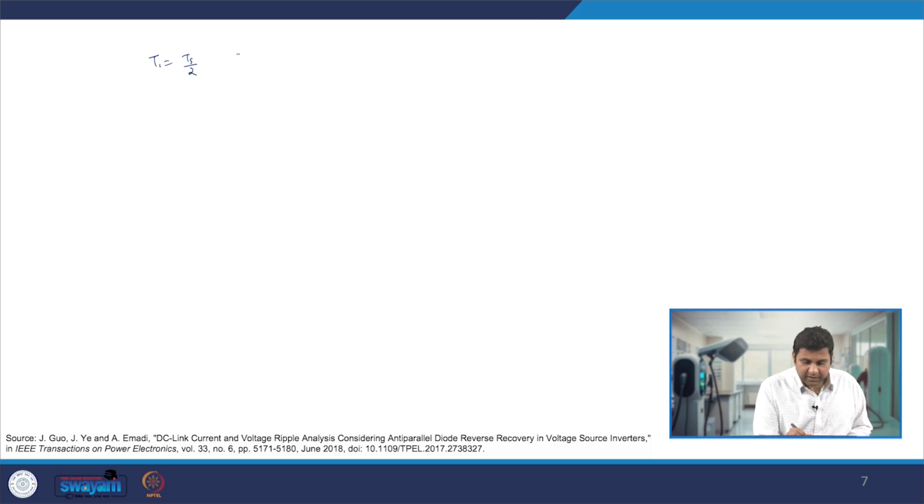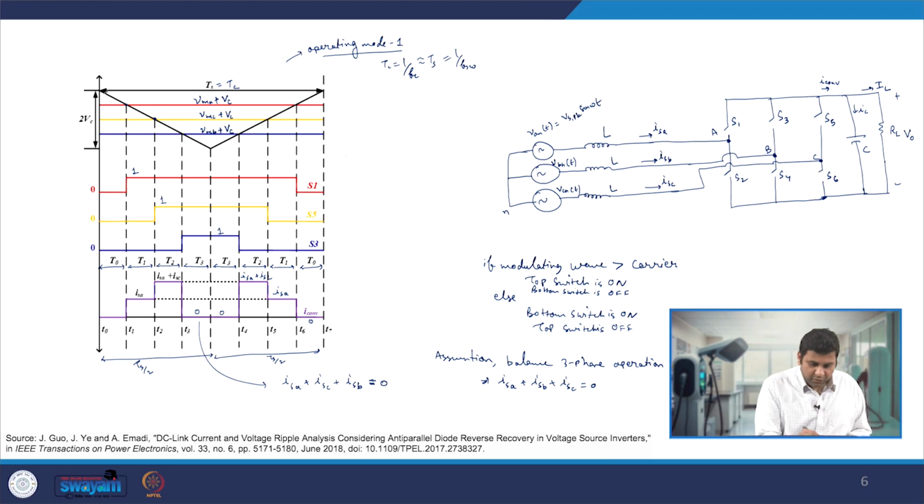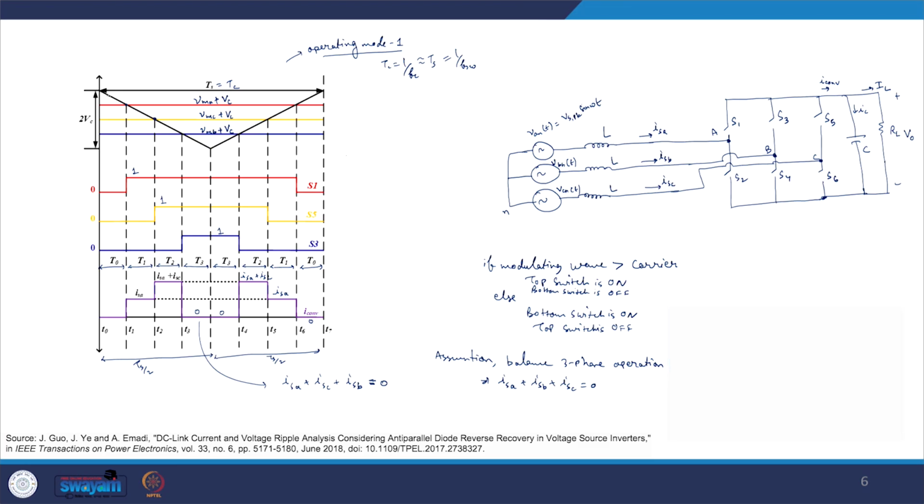So we can say T1 is, out of the Ts by 2 period, the period whenever Vma plus Vc minus Vmc plus Vc, out of 2 Vc, because we go from 0 to Ts by 2, from this point to the 2 Vc point.